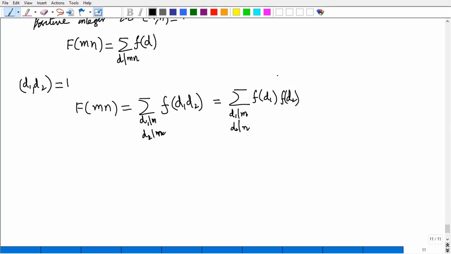So we can use a double summation here, one for divisors of m and the other one for divisors of n, and there is no rule as to which one should be used first. You can use any of them first and then the second. So d2 runs over n, and d1 over m, of f(d1) f(d2). Okay, let me separate this one.